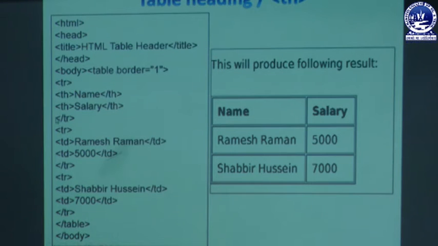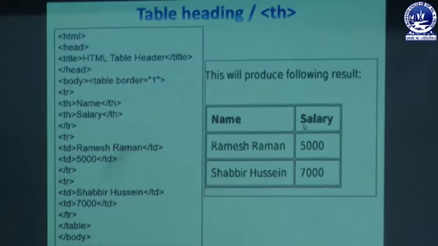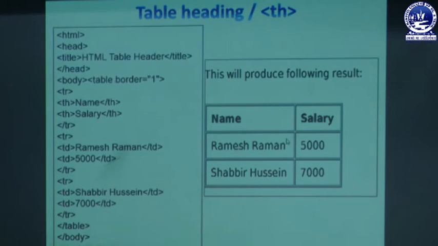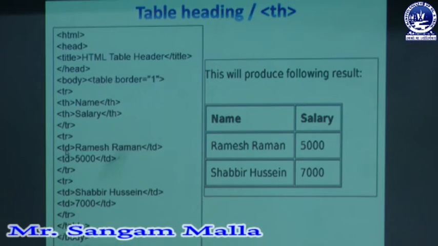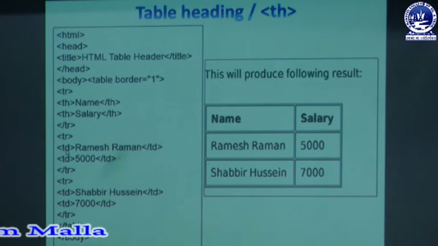So in the first row we have specified name and salary in th tag, so that the name and salary will be in bold letters, which actually represents that it is the heading and it must be different from the table data. Similarly, we have defined the second row in which we have used td, because it is the general data.